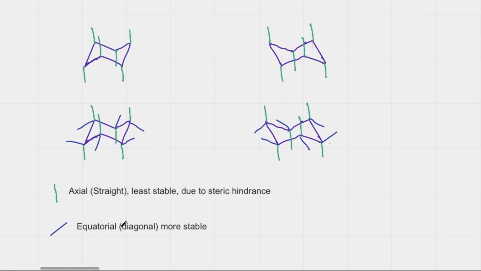We need to know that axial is much less stable than equatorial, and equatorial is more stable. So whenever we draw a chair and we are asked for the most stable conformation of the chair, we want to draw the chair with the most equatorial positions.